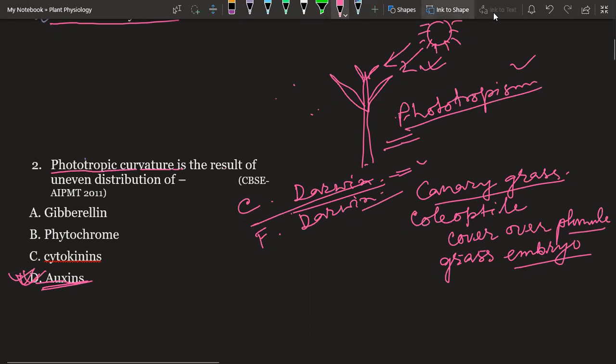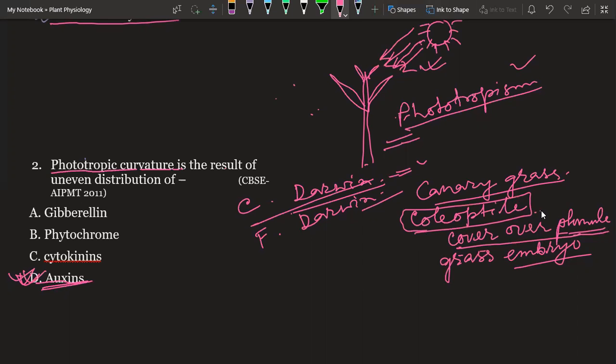They were observing what is the effect of light if the light is coming from one side, that is unilateral light. They found that the coleoptile was bending towards the source of light.